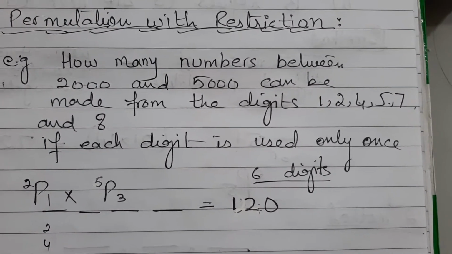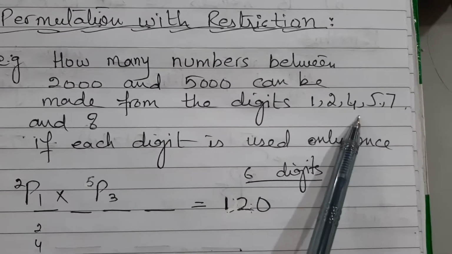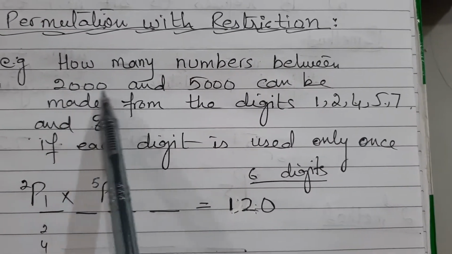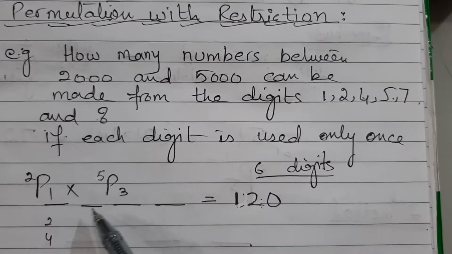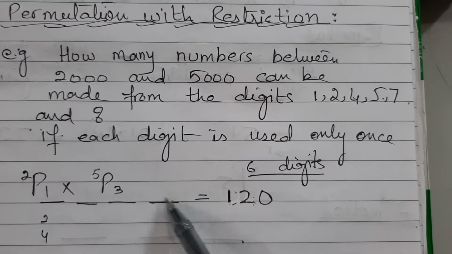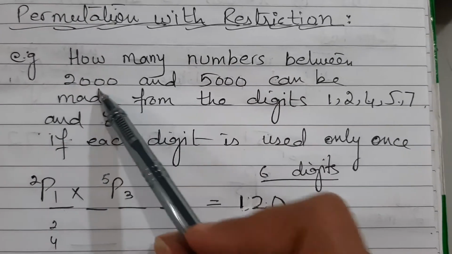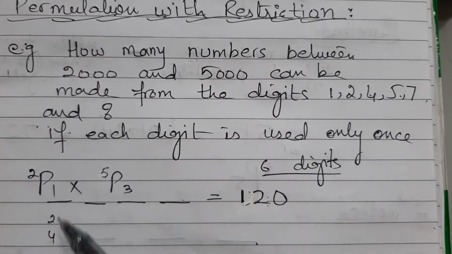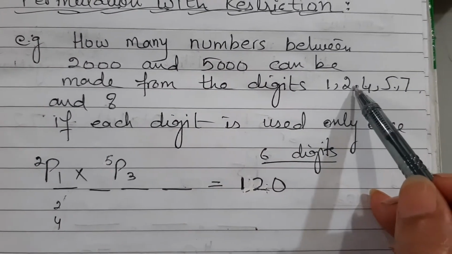Okay, so how many digits do you have? 6 digits. Okay, and you have to make a 4-digit number. So let's see the gaps: 1, 2, 3, 4. Now the point to understand here is that if the number has to be between 2000 and 5000, then the first digit can only be 2 or 4. Yes or no?